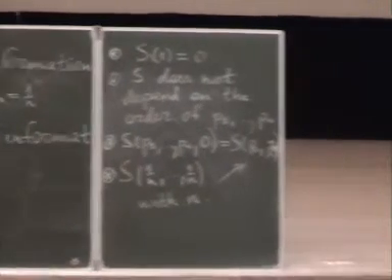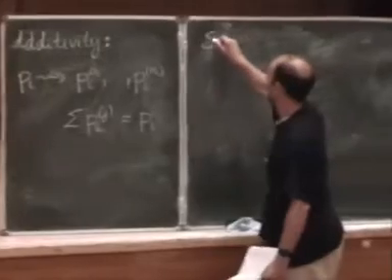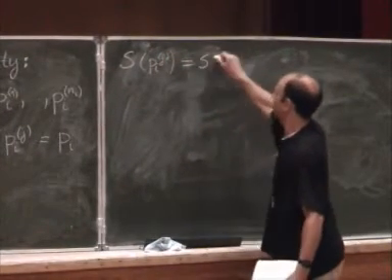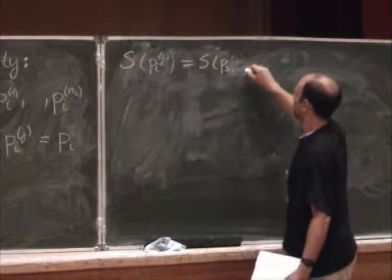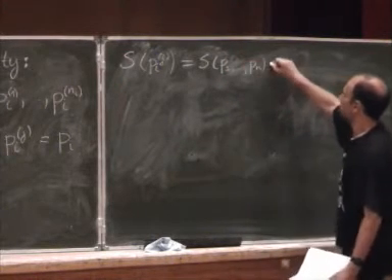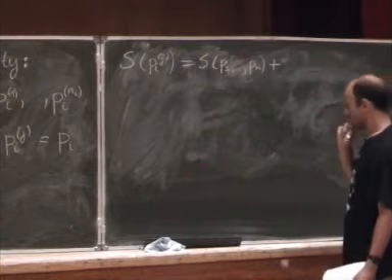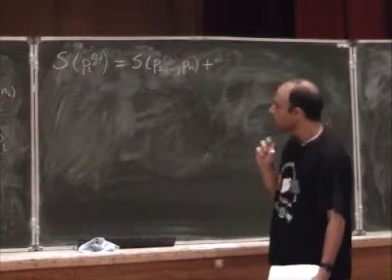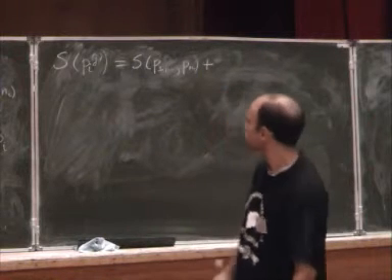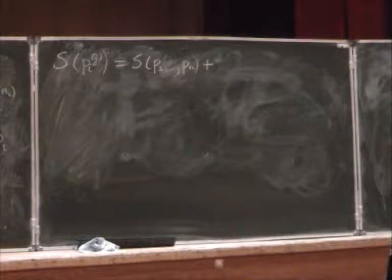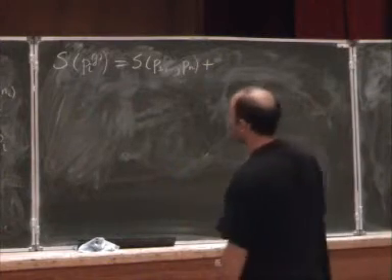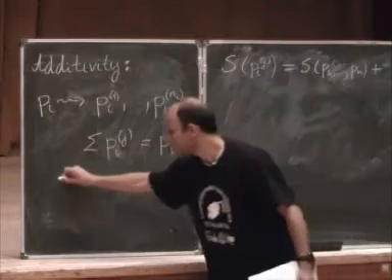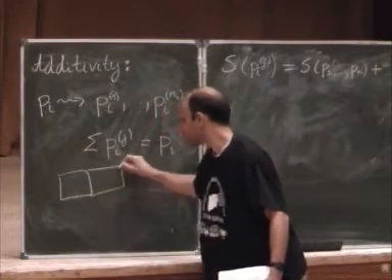Then we have the following: S of this system p_ij is equal to S(p1, ..., pn) plus, let me see. I think you must have p_ij divided by p_i.